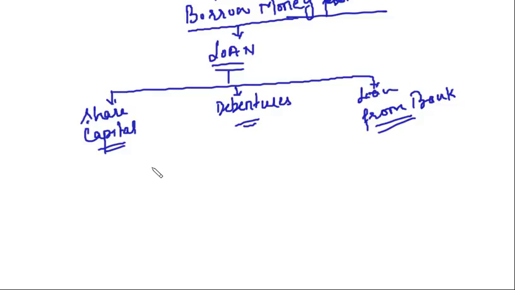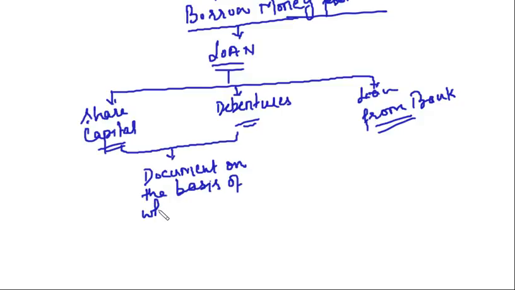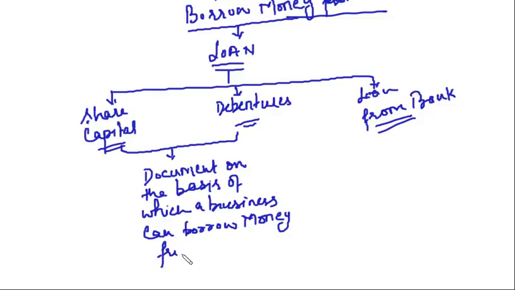I would just say that shares and debentures are documents on the basis of which a business can borrow money from the public. Clear?